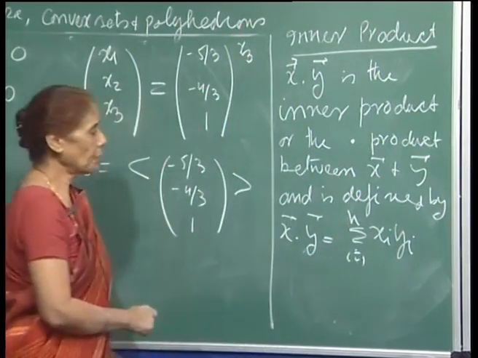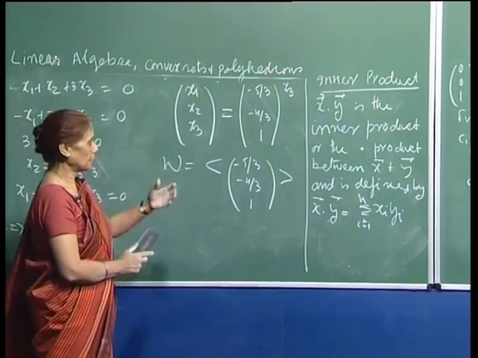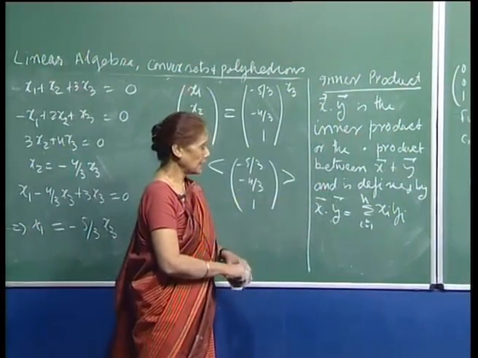So it is the component-wise product and then add up. This is how the inner product is defined.